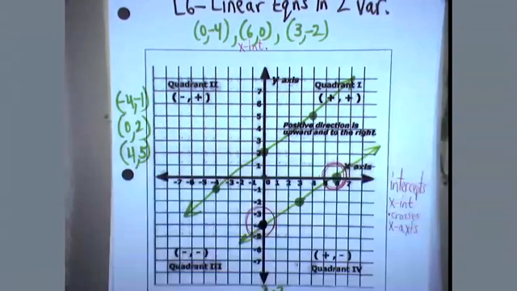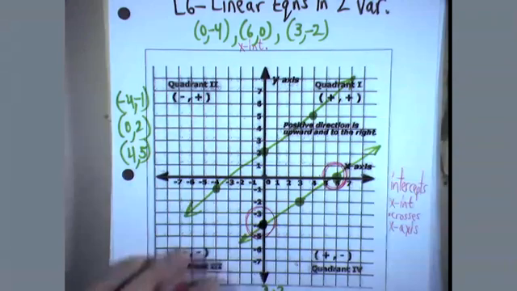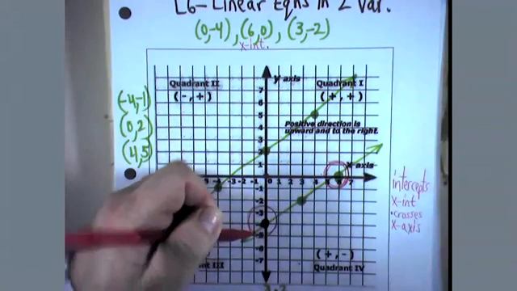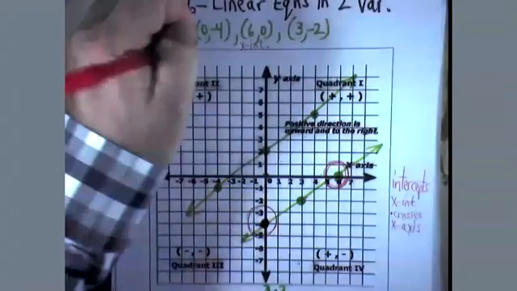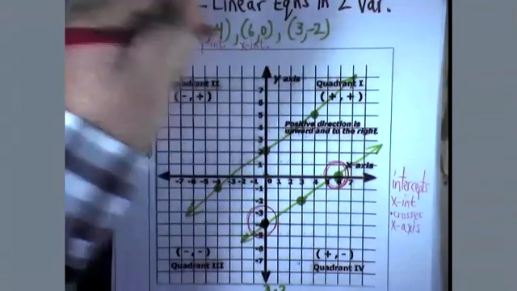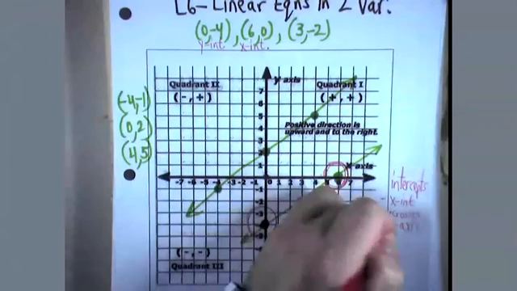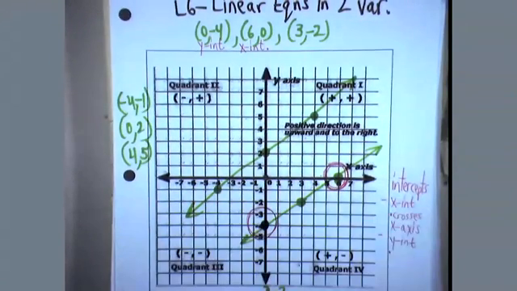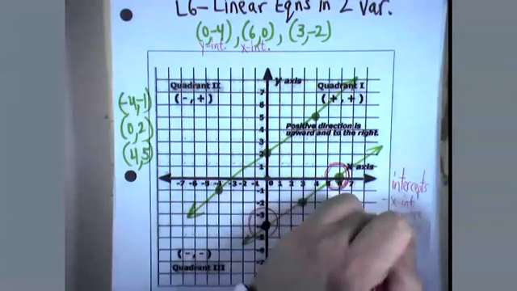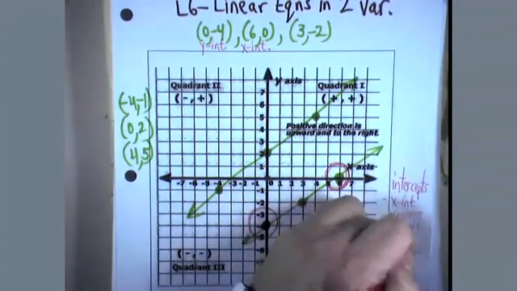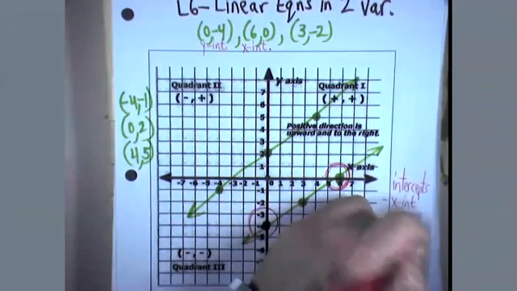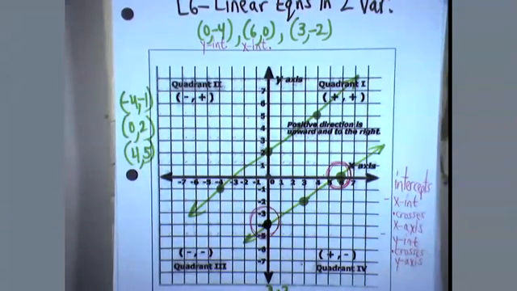And right here, the ordered pair (0, -4) is known as your y-intercept. The y-intercept, by definition, is the point or ordered pair where your line crosses the y-axis.